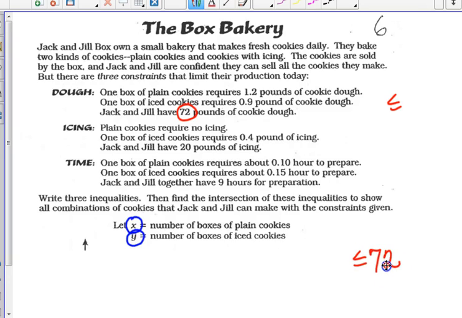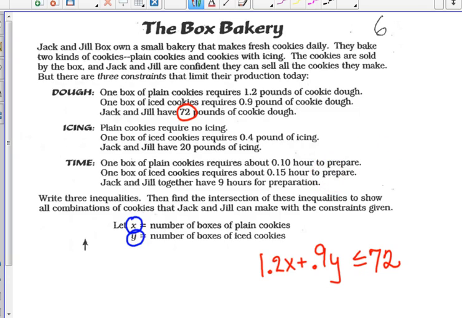How much dough do we need if we're making plain cookies, boring cookies? 1.2 pounds per box, plus 0.9Y. Must not get as many sugar or frosted cookies in the box. Maybe it's just because the frosting takes up so much space, or because they don't want to put them on top of each other because then your frosting will be all smashed. I don't know.